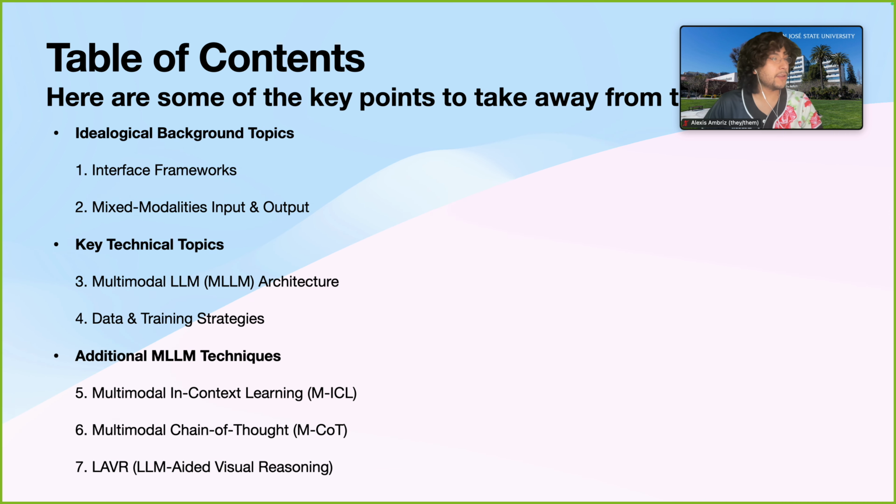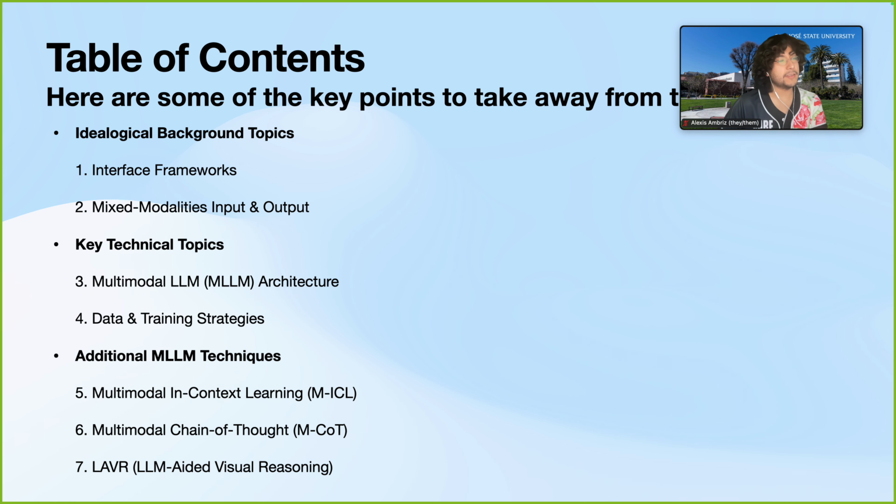And then lastly, there's 3 topics that are additional MLLM techniques that are also commonly used even when you're not training an MLLM, and then you can apply these even in single data type kind of models that only use text or only use images, but are still used commonly. And these are in context learning, chain of thought, and the last one is kind of more specific to MLLM, and that's LLM aided visual reasoning.